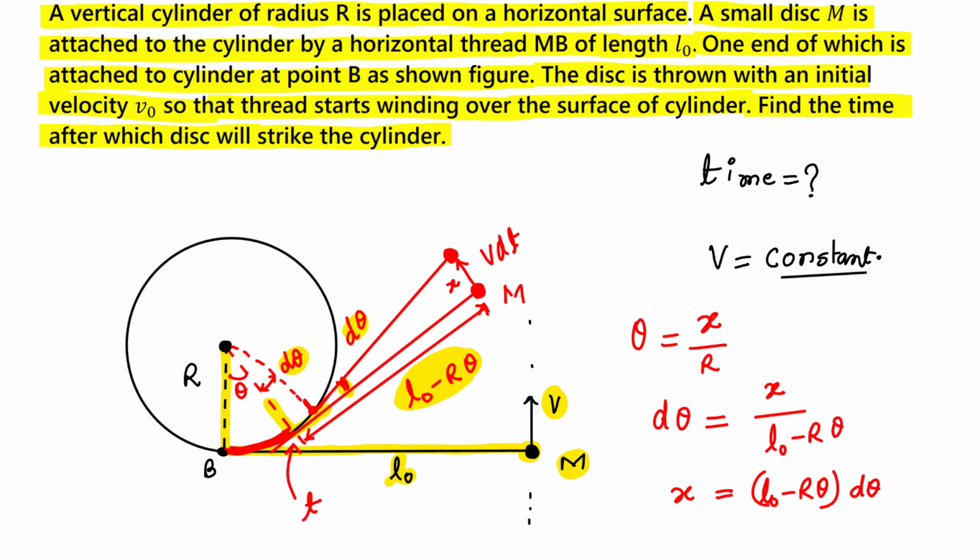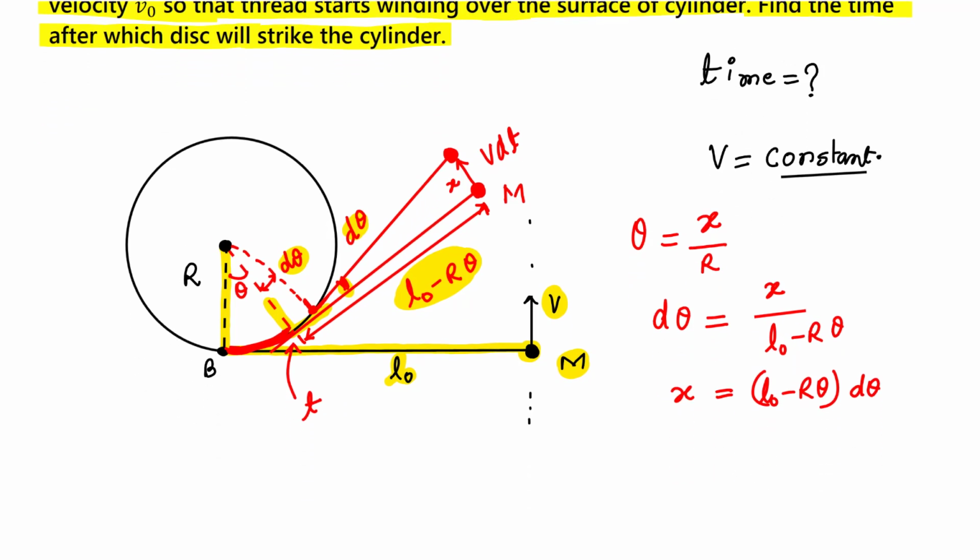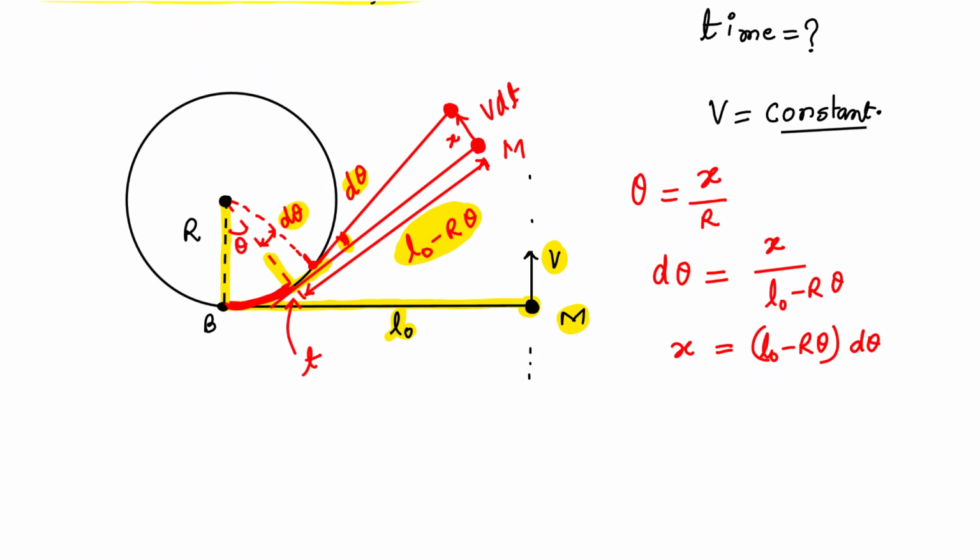Now we have to find how much time it will take to make that complete turn, so that finally the disc is going to collide with the cylinder. I will give you 2 minutes of time, pause this video and try to solve this problem. Okay, let us see the solution, how you are going to solve this.